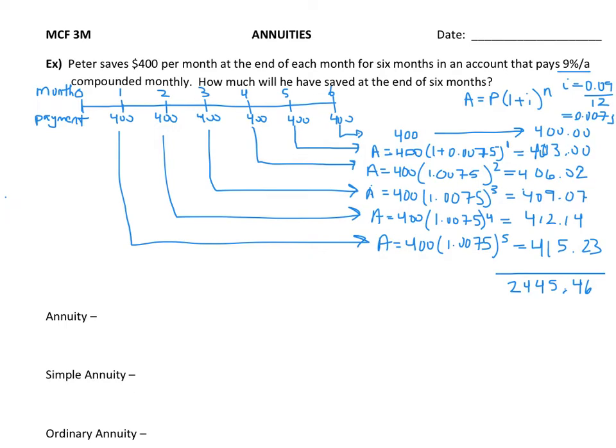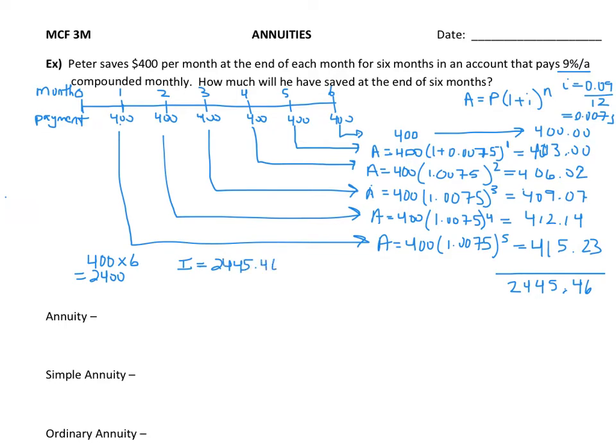If I wanted to get the total amount of interest he actually earned on his investment, he made $400 payments, and he made 6 of them. 1, 2, 3, 4, 5, 6. That is $2,400. The difference, the amount of interest he made, would be the difference between the amount of his investment and $2,445.46.